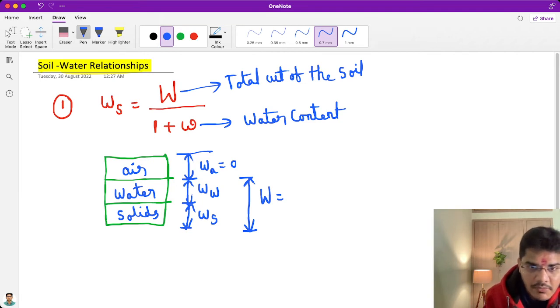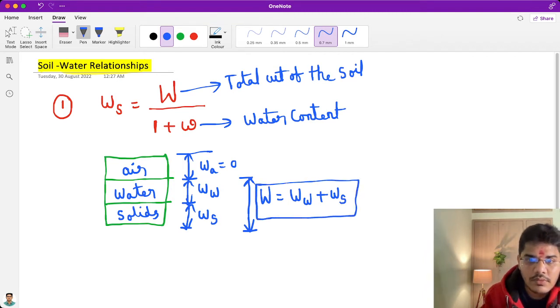Actually we would write weight of air plus weight of water plus weight of solids, but since weight of air is equal to 0, the total weight of the soil is equal to weight of water plus weight of soil solids. So this is total weight.